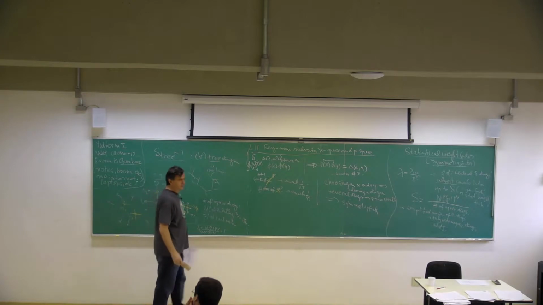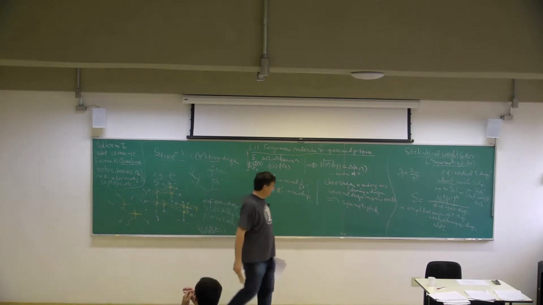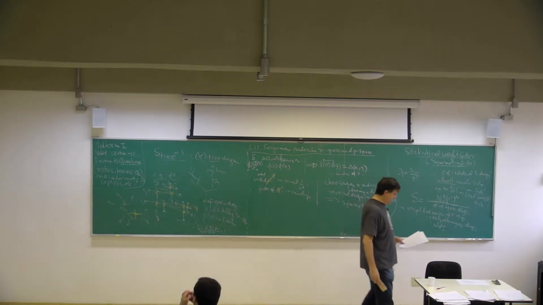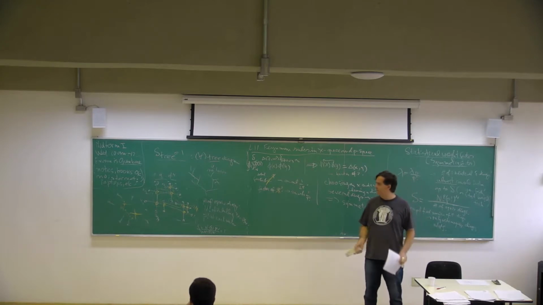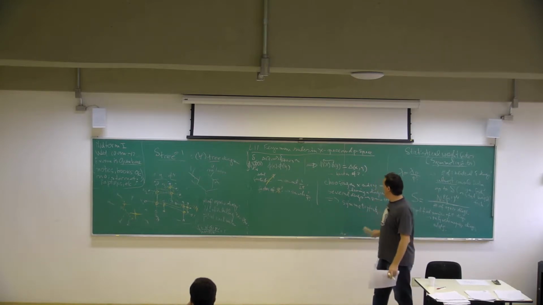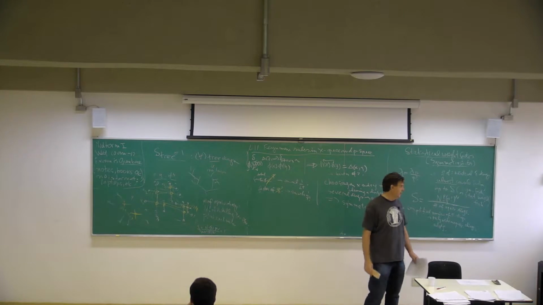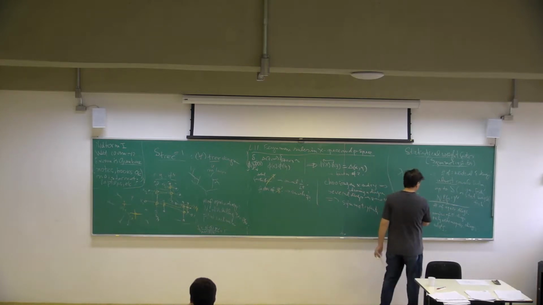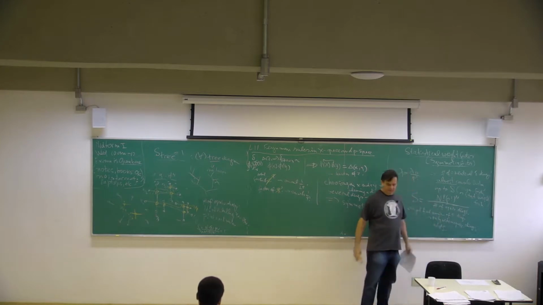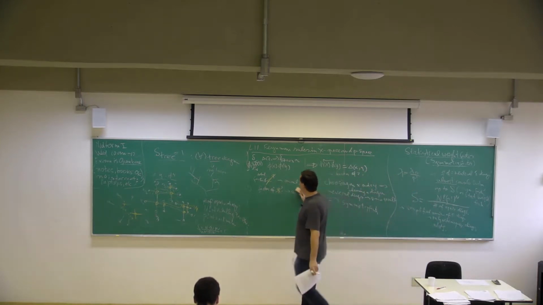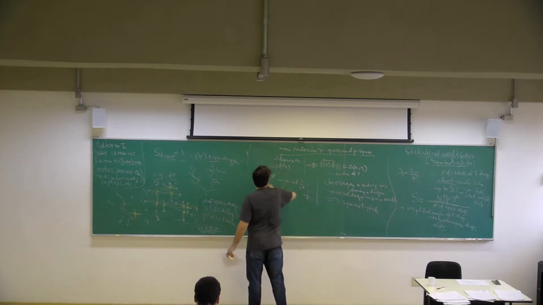Let's do some more examples where again I want to verify this rule that the number of symmetries of the Feynman diagram is equal to this factor, n factorial P factorial to n over the number of equivalent diagrams. So let's do a bunch of examples.